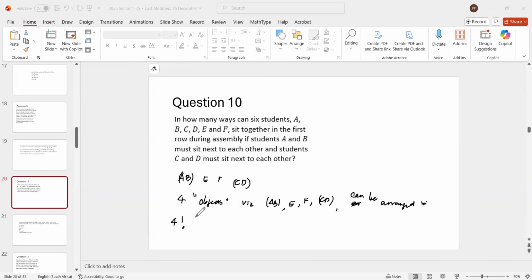You should know that the number of ways of arranging n objects is n factorial, which is 1 times 2 times 3 times 4, all the way up to n.